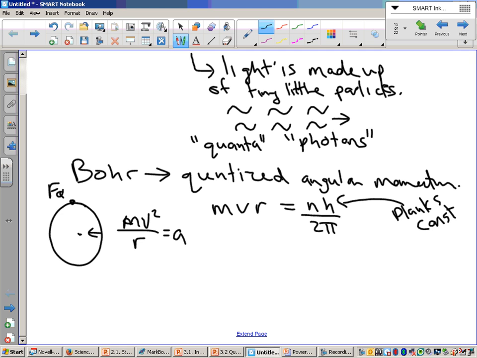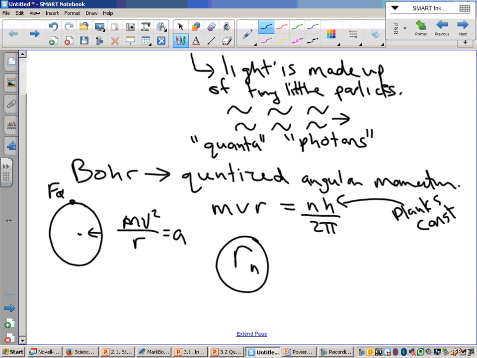Have you guys got to electrostatics yet? No, you're just starting electrostatics? Okay, so you'll use some equations from electrostatics, and you'll put it all together, and what you can eventually get is the radius of the nth orbits. You can figure out the radius of all of the orbits just like Bohr did.